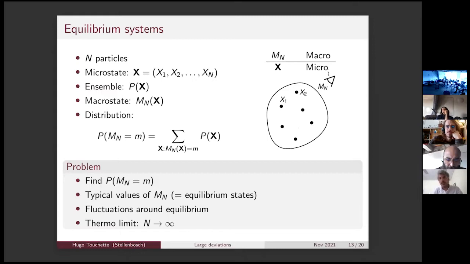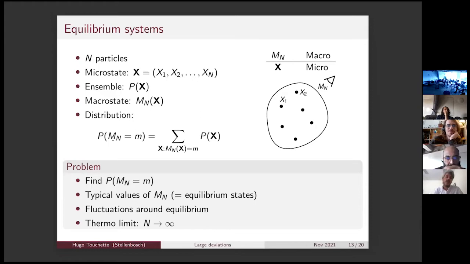That's the microscopic picture. We, as observers, are not interested in describing that microscopic level. What we do is that we measure something which is a global function of the configuration that we call the macrostate. Now, in English, it's a bit difficult to distinguish microstate and macrostate, but I'll try to, you should follow me here. So this is the observer measuring that macrostate.